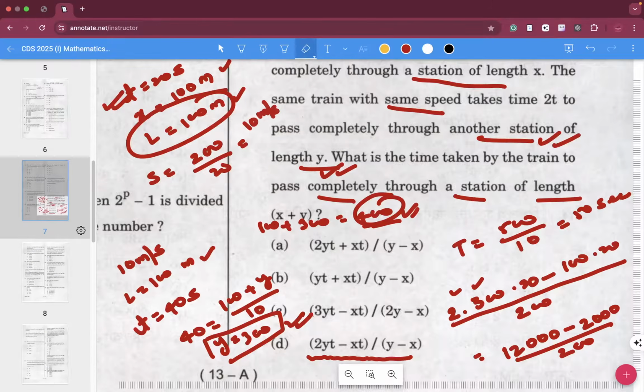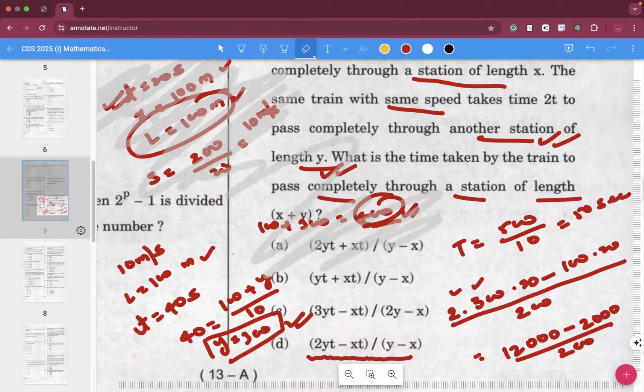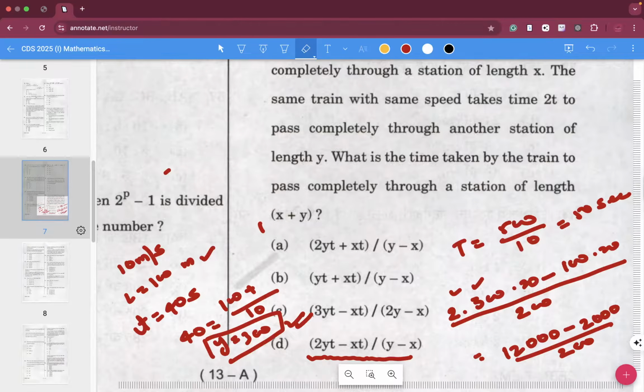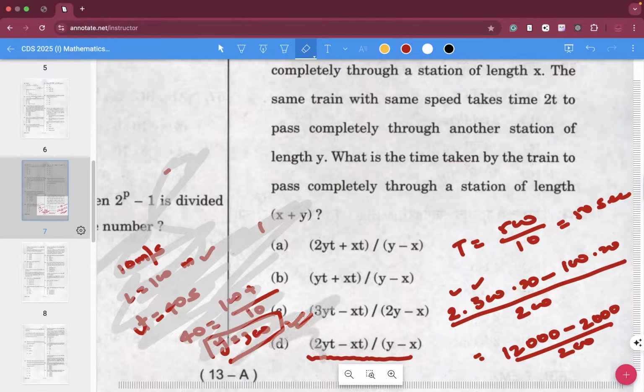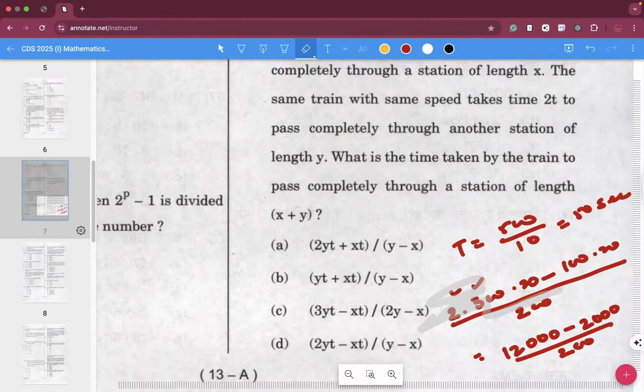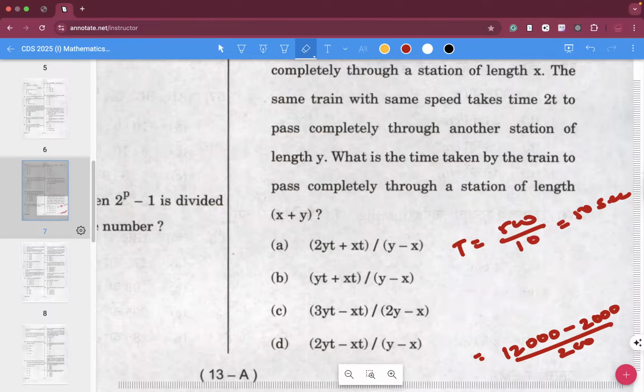Now let's just solve for this. If you solve for this, this is nothing but 10,000 divided by 200.